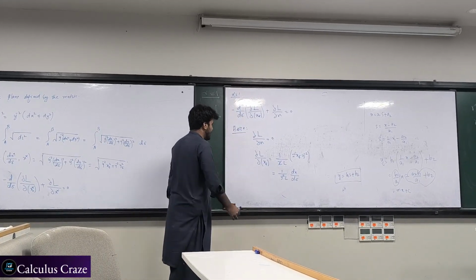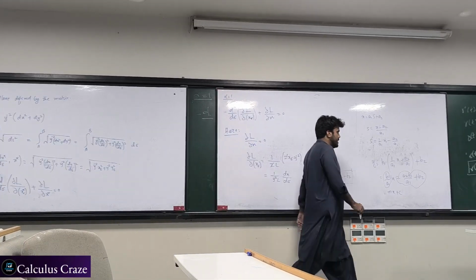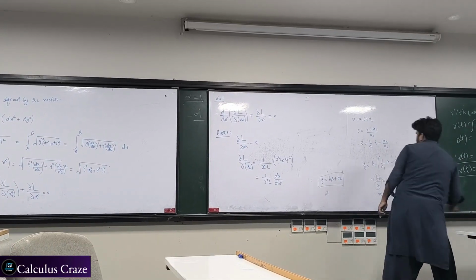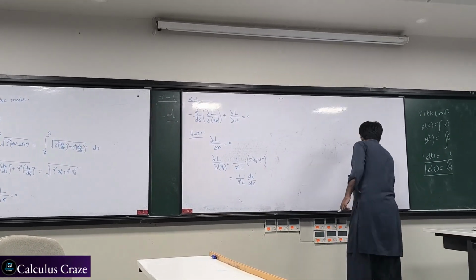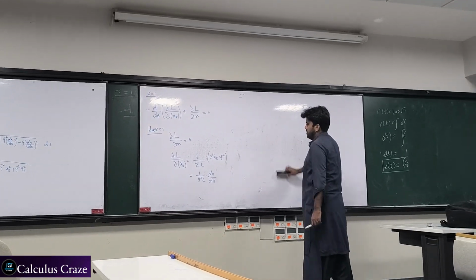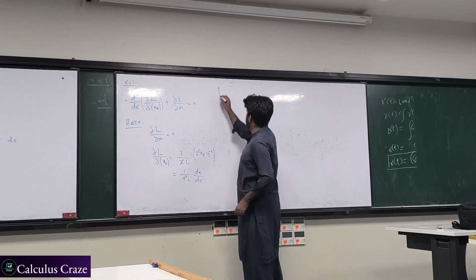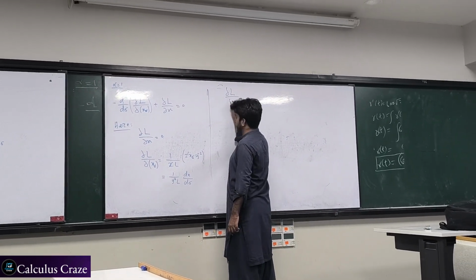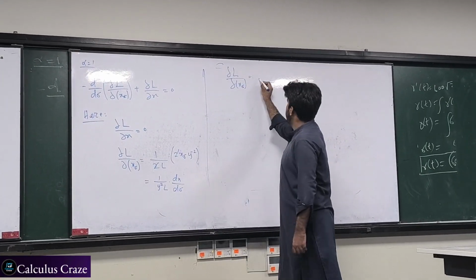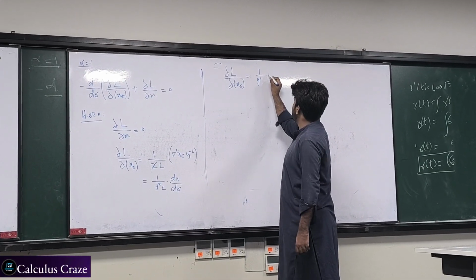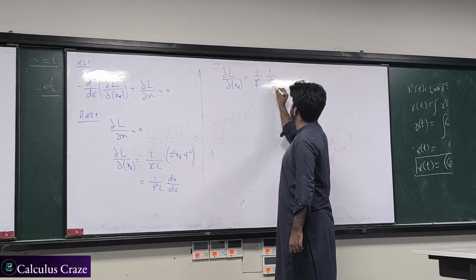We already know that L is equal to ds over d sigma. So partial L by partial x sigma is equal to 1 over y squared times 1 over ds by d sigma.